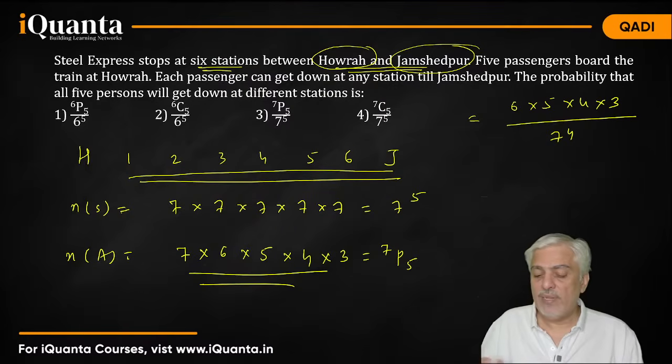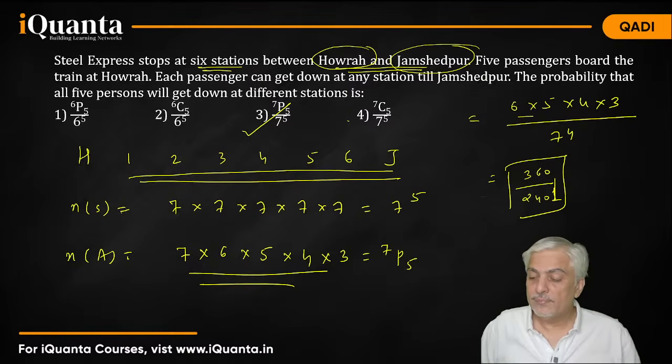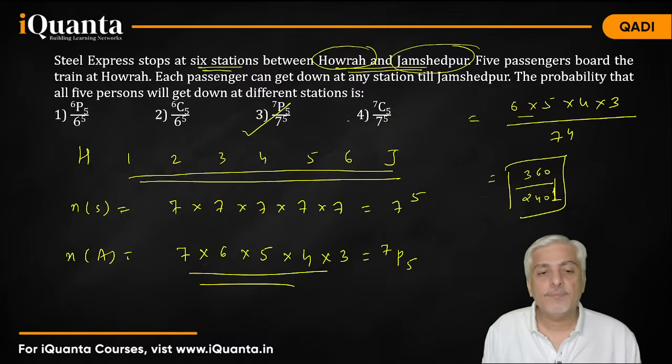So the answer will be 30 into 12, 360 upon 2401, or this answer, third option, 7P5 upon 7 raised to 5. Done everybody? Clear?